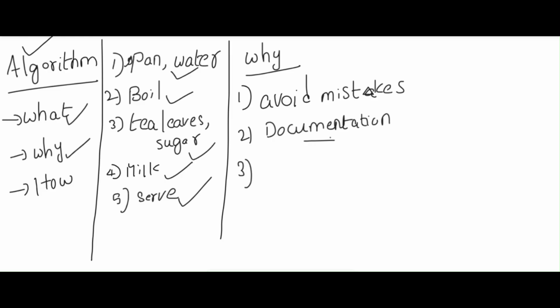We'll think of this logic only once and you will simply document it. Once you have documentation in your hand, you can implement that particular algorithm in any programming language. You will plan it once and implement it in many languages. So that is the purpose of writing documentation.